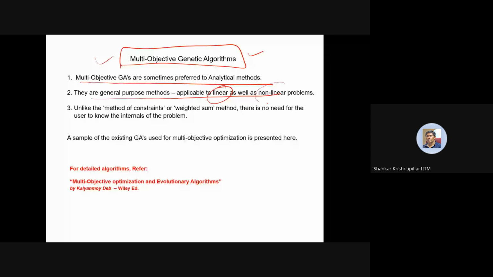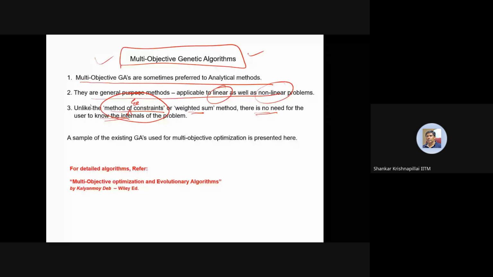And also, unlike the method of epsilon constraint or weighted sum method, there is no need to know the internals of the problem. What is the meaning of internals of the problem? In the epsilon constraint method, first of all, you have to find the range of F2, and then divide the range into different epsilon values.